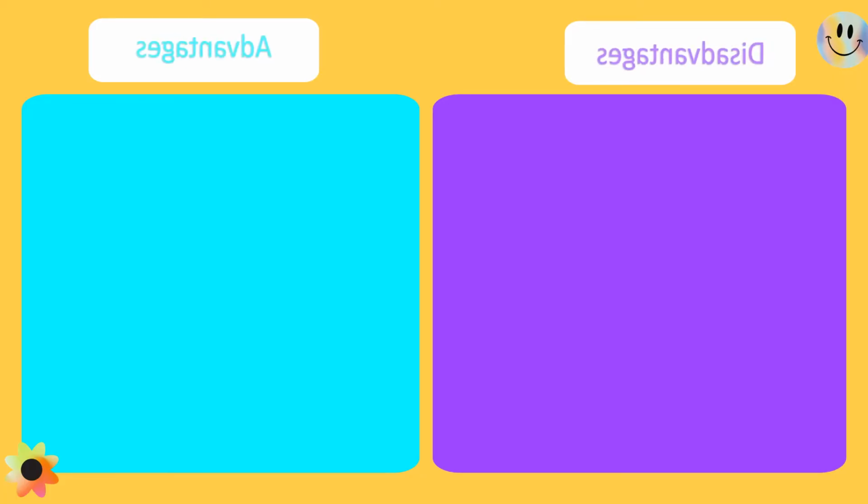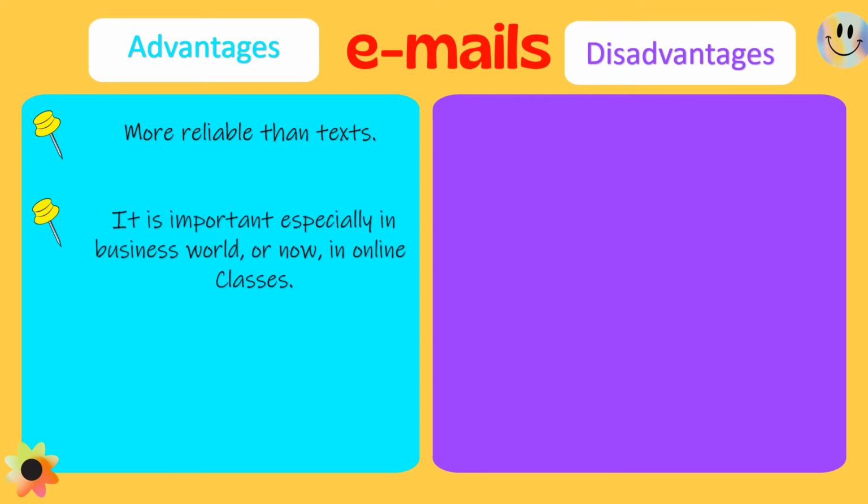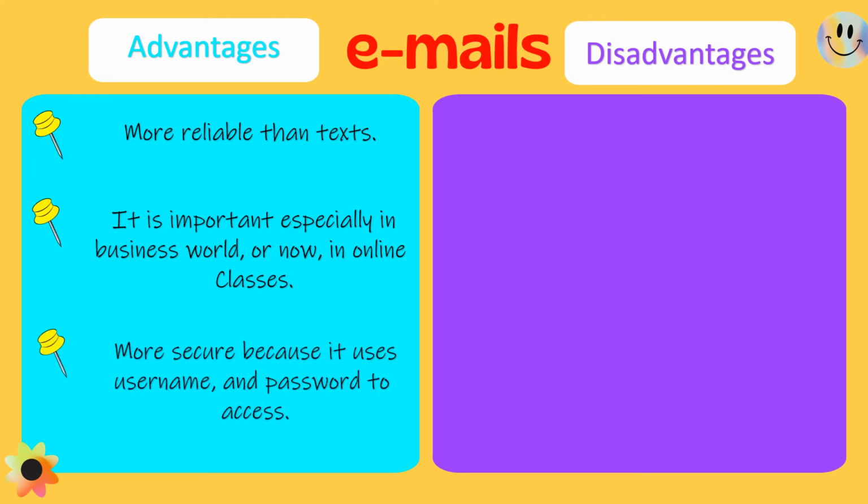These are the advantages and disadvantages of emails. It's more reliable than texts. It is important, especially in the business world or now in online classes. It's more secure because it uses a username and password to access.